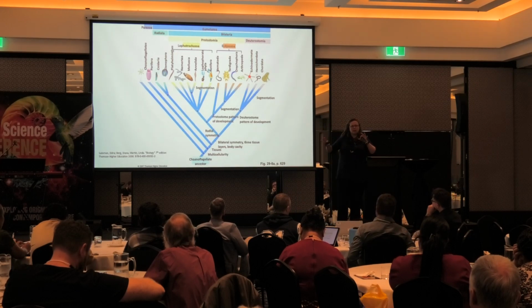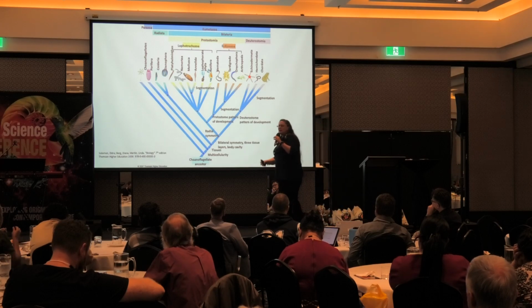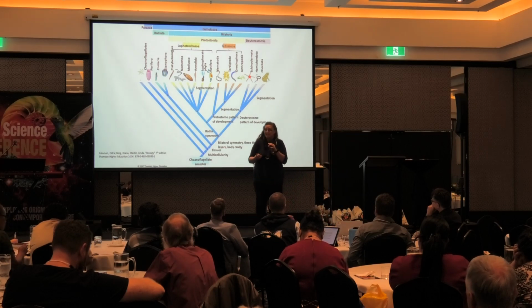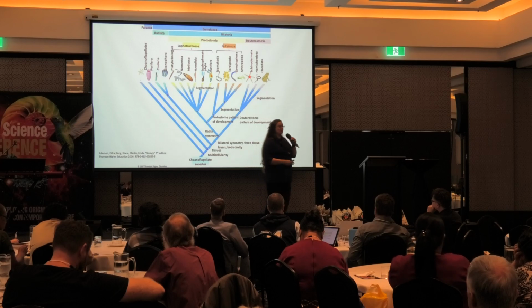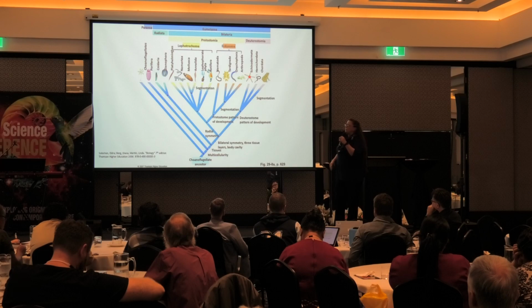Now, phylogenetic trees, you can have a couple different types. One type can be based on just sequence comparison, DNA sequence comparison, or protein sequence comparison. This type probably has some of that, but it's also got anatomical comparison, which are referred to as cladograms.